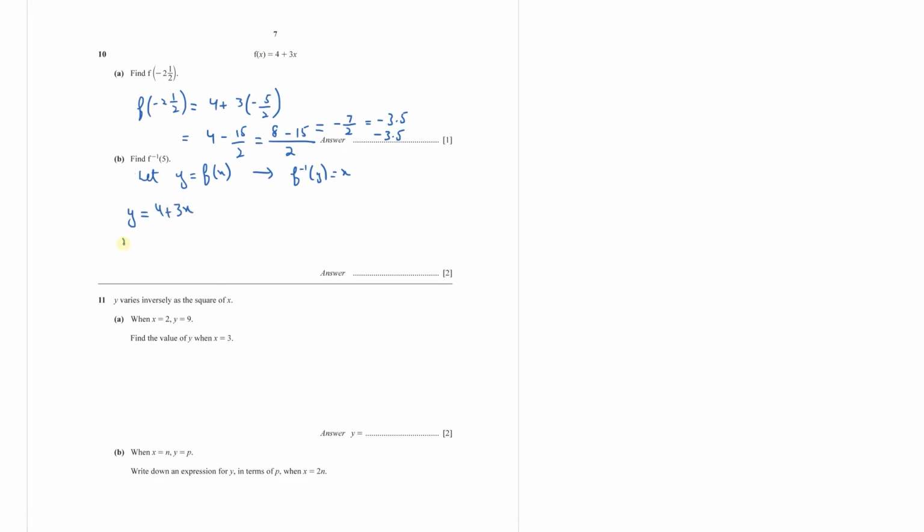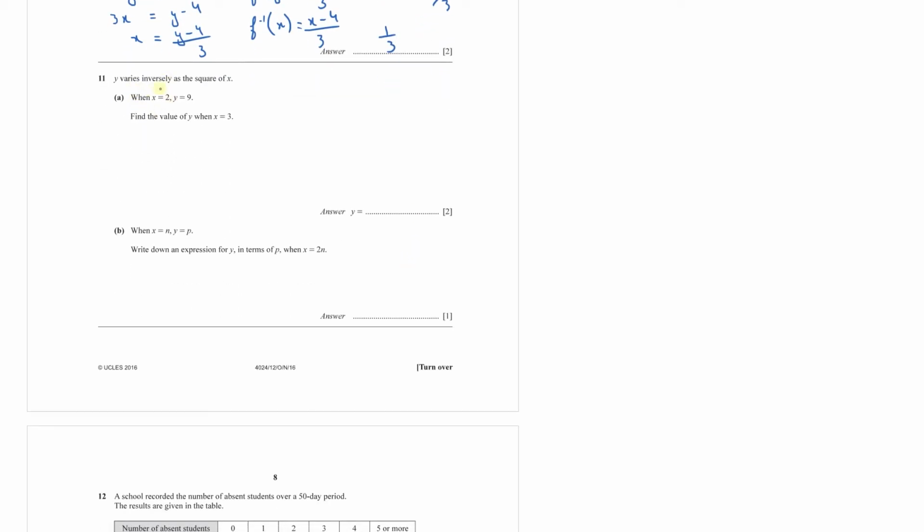Then I make x the subject of this equation. y minus 4, and then x equals y minus 4 over 3. So we know that f inverse of y is x, which is y minus 4 over 3. So f inverse of x would be x minus 4 over 3. Now you have to find f inverse of 5. So you replace x with 5 here. So 5 minus 4 by 3, which is 1 over 3. So your answer is 1 over 3.